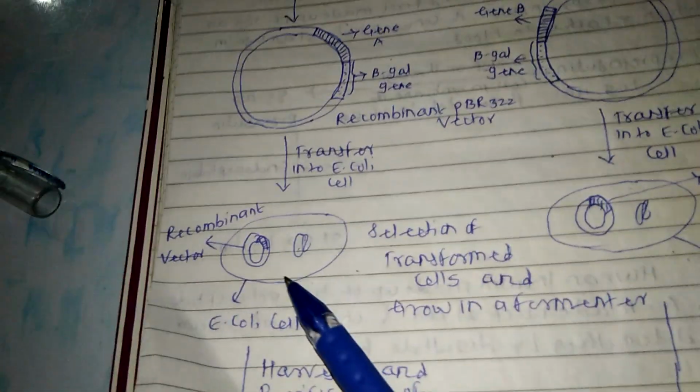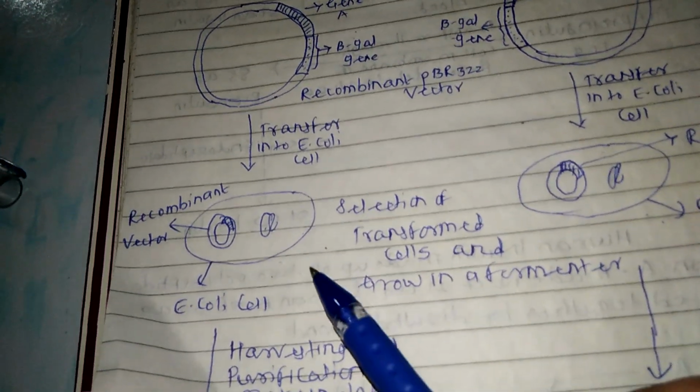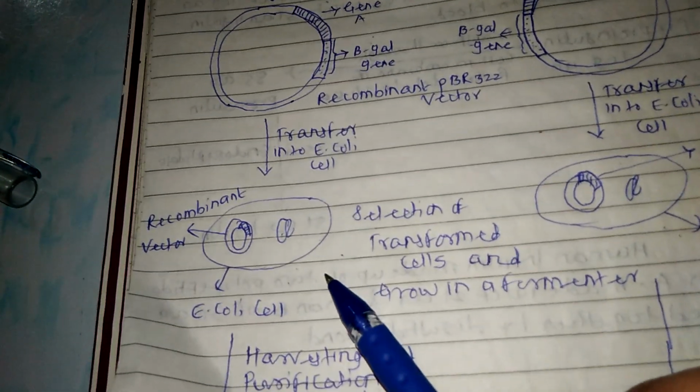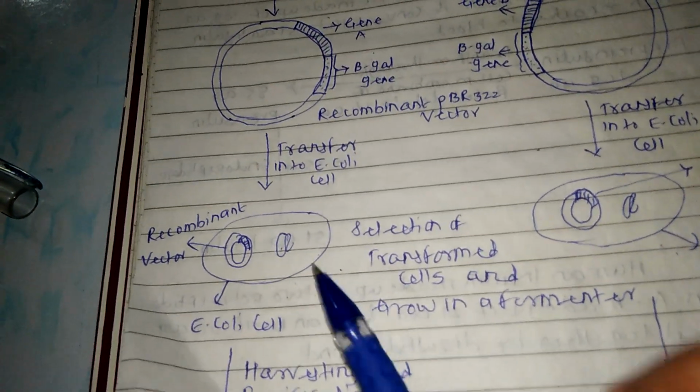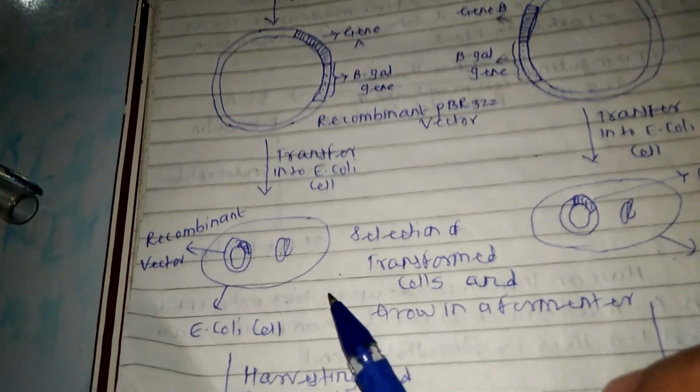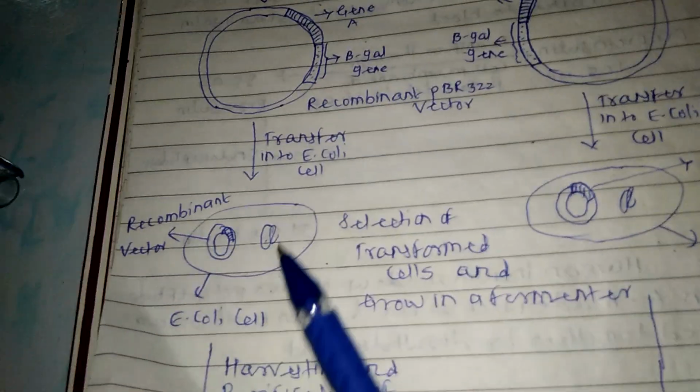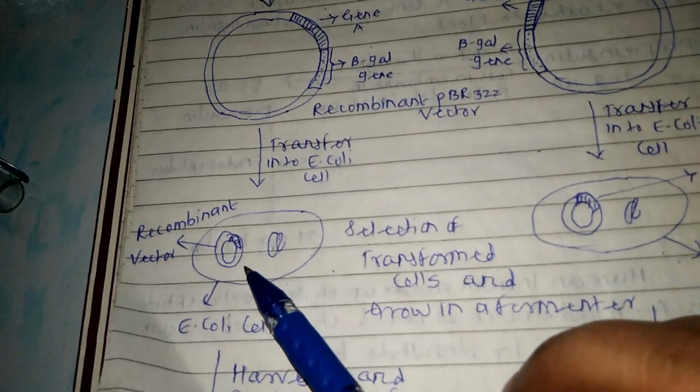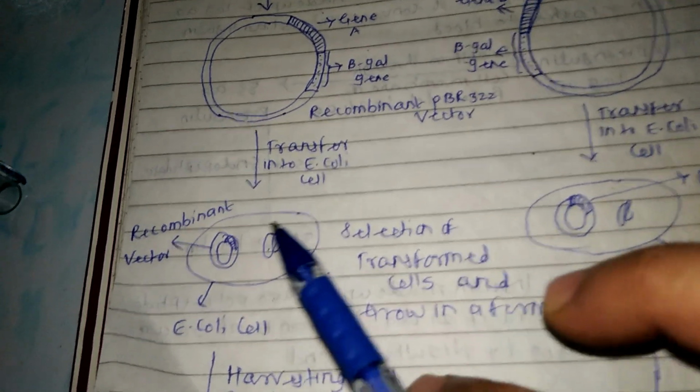That gene resists the activity of the antibiotic. What about non-transformed cells? They do not grow on antibiotic containing media, because the recombinant vector is not present, meaning the ampicillin resistance gene is not present.